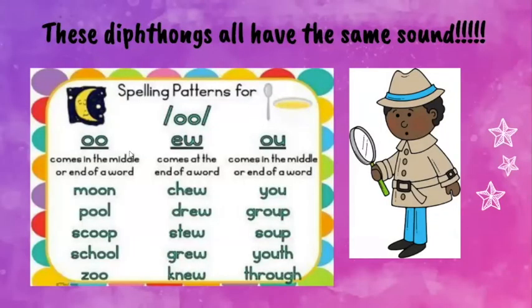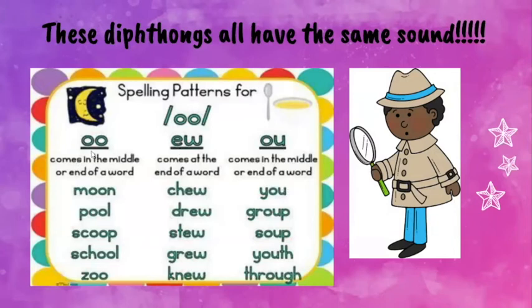And this chart shows that these 3 diphthongs make exactly the same sound. OO is the long sound in the diphthong. Oo, oo like moon. We just did EW, oo like blue. And OU, oo like you.